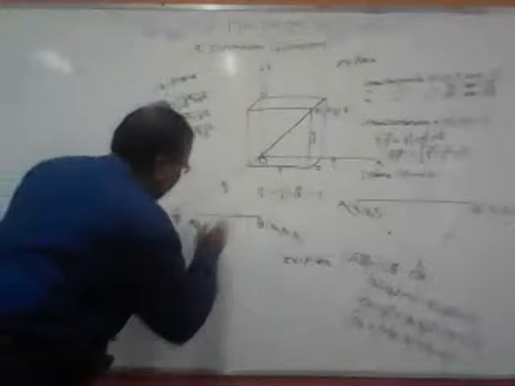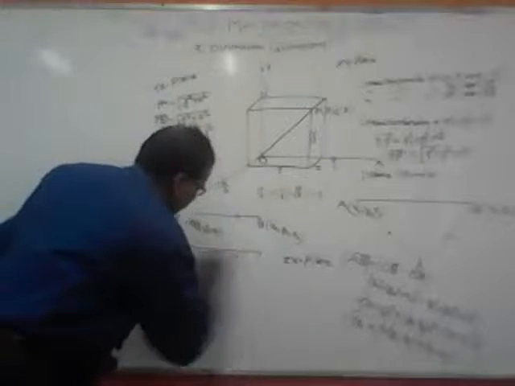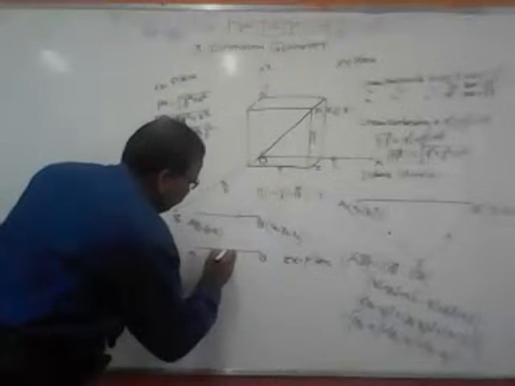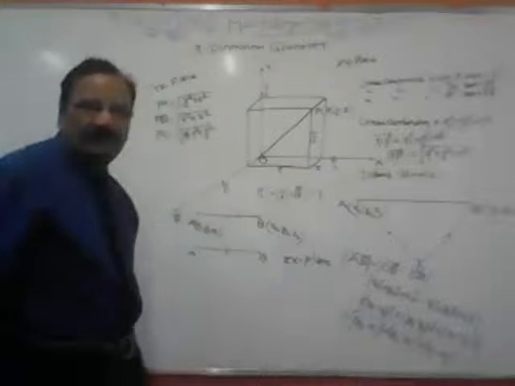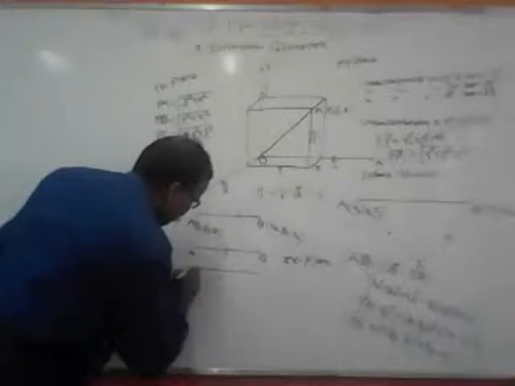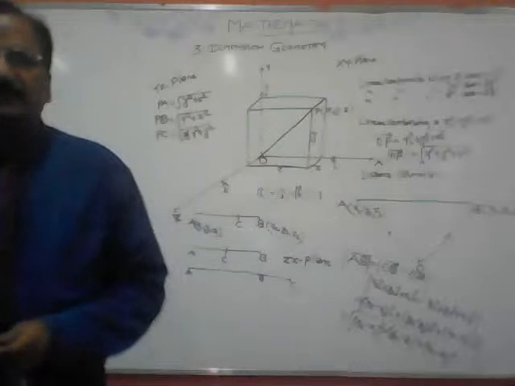Bisection means the section is from the middle of line AB. External means this is the line AB and the point lies outside.